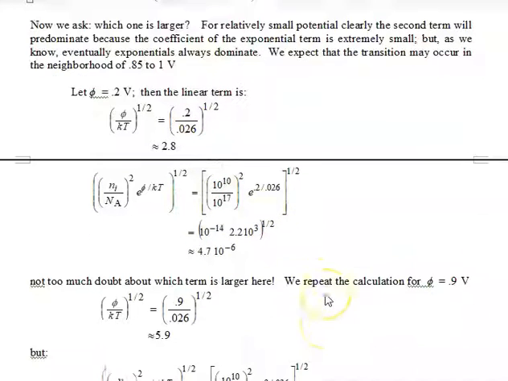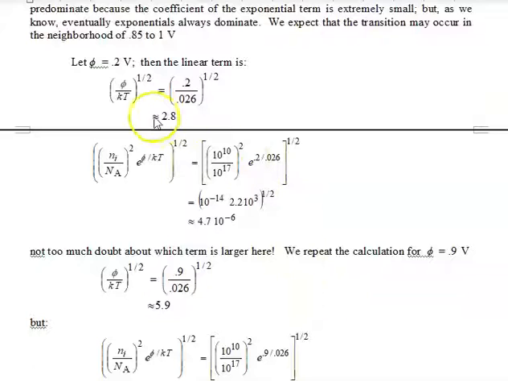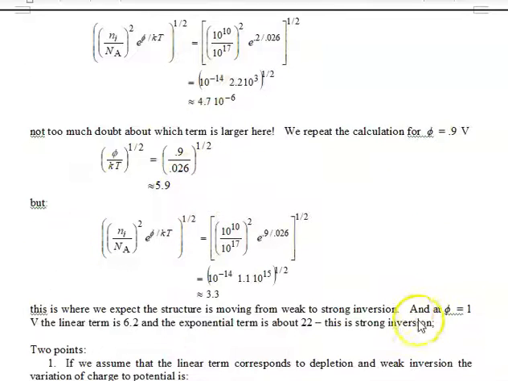But we know that exponentials always win. Whenever you have an exponential and any other term, no matter what the power is, eventually, if the argument is large enough, the exponential will win. The question only remains, how large is large? So we put in 0.9 volts. We expect that that's going to be close. And if we put in 0.9 volts, we get the linear term is 5.9, but the exponential term now is comparable.